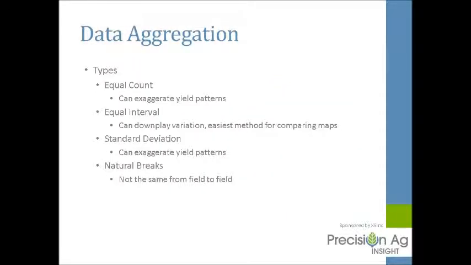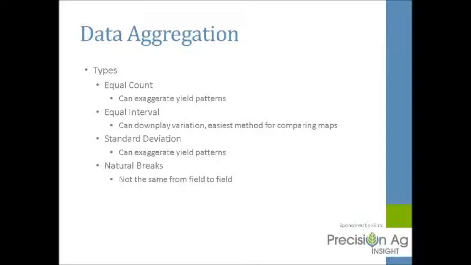Most software packages, as far as data aggregation, will let you do it in equal count, equal interval, standard deviation, or natural breaks. And you need to keep in mind, because you think that it doesn't matter how you aggregate the data, but it does, because in certain instances it may over-exaggerate yield patterns, so it may lead you to falsely believe that there's more variability in that field than there actually is.